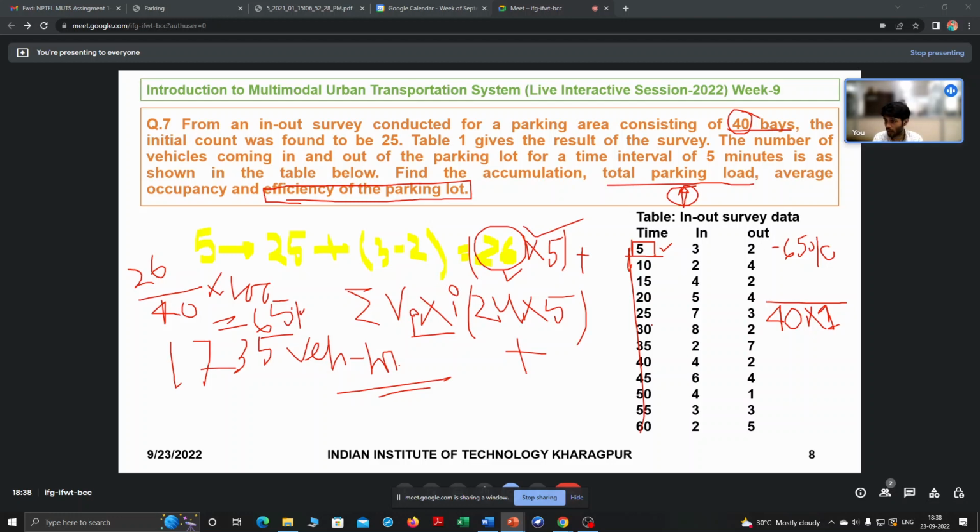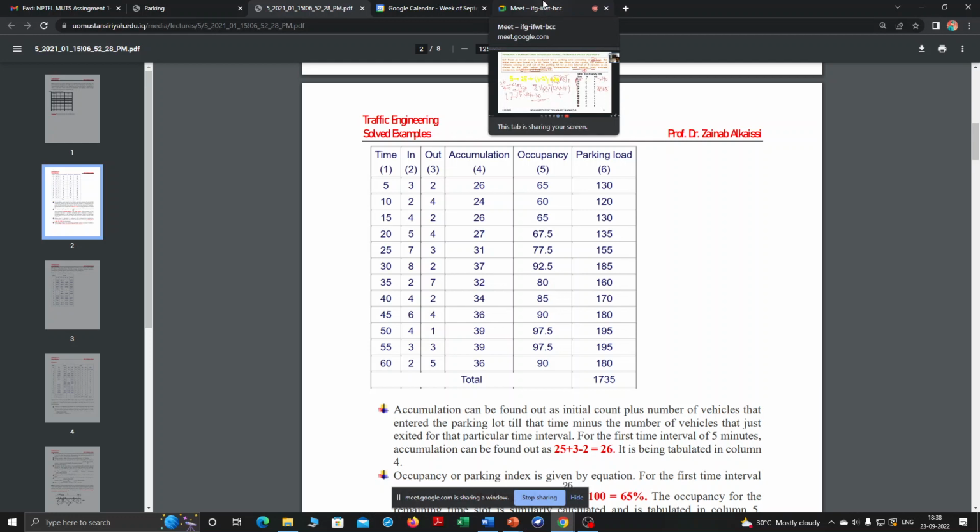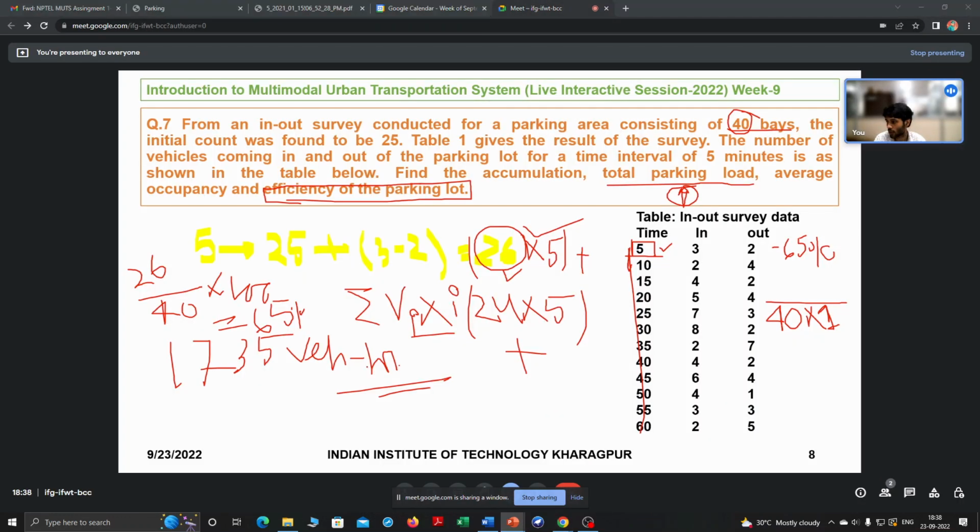Okay, 1735 is vehicle hour, or it is something else that we need to check, because 26 into 5, then it is vehicle minutes, I think, not hour. If it is minutes, then 1 hour is 60 minutes.